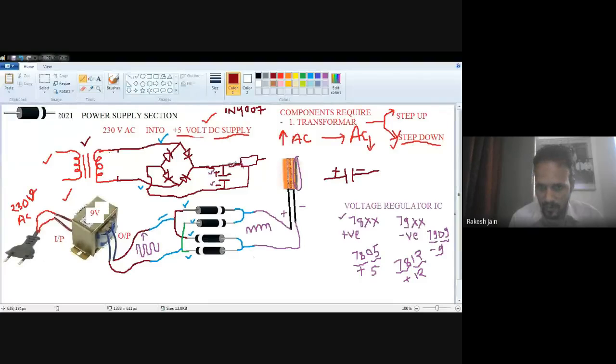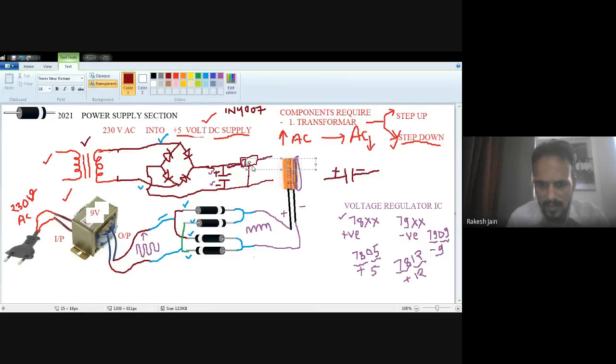The first side should be connected with the input, and the third pin is the output side. So we connect it like this. I just mentioned the name, 7805.